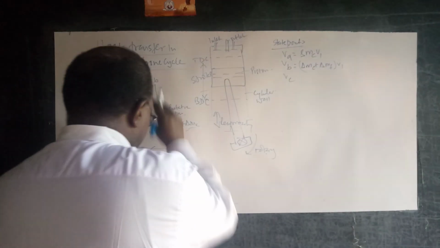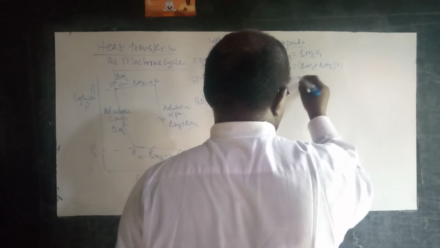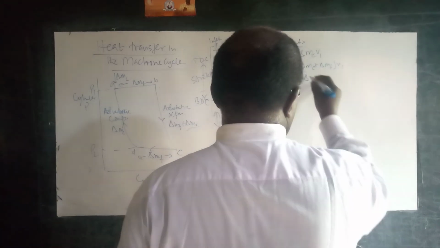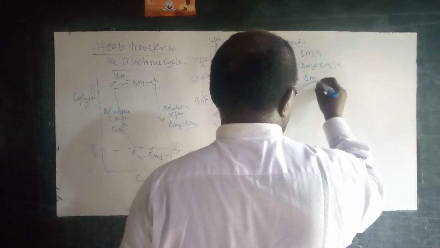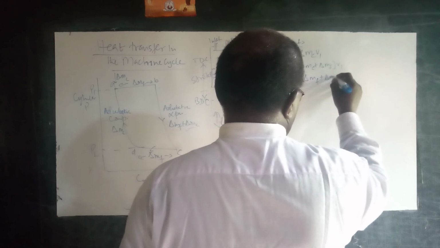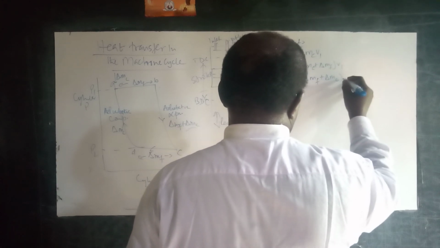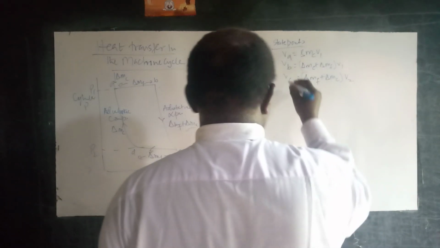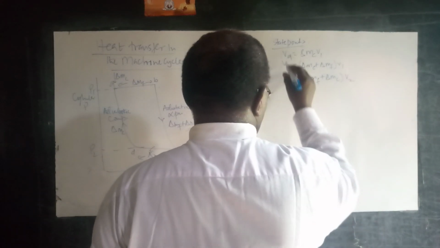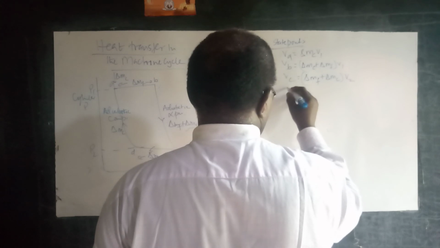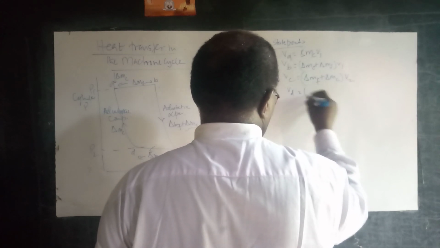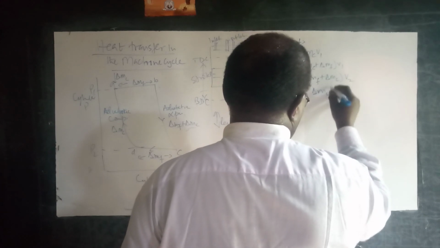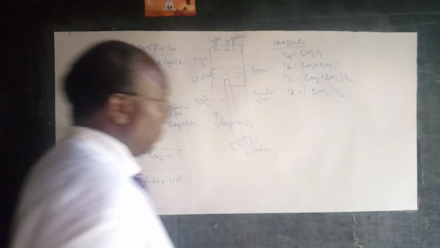At state point C, remember, specific volumes, we have delta MF plus delta MC, V2. And state point D, we have delta MC V2.